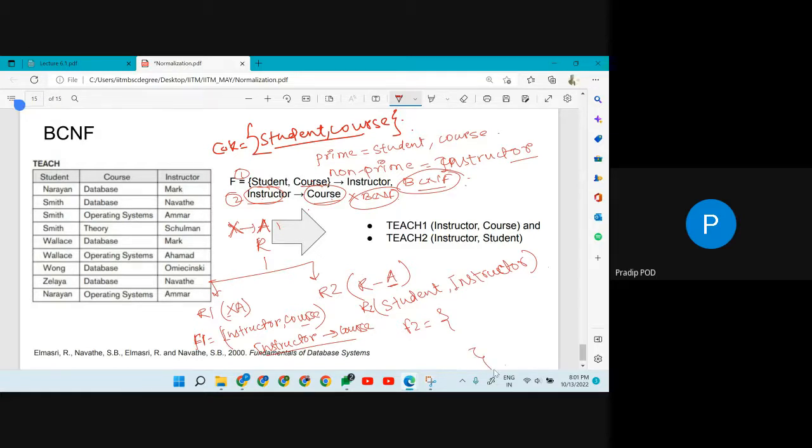Any functional dependency possible? No, it is not possible. So this is an example where we lost this functional dependency. We are not preserving this one, right? So you cannot reconstruct the original functional dependency from this decomposition. That's why we say that BCNF does not guarantee that it preserves the functional dependency. Okay.